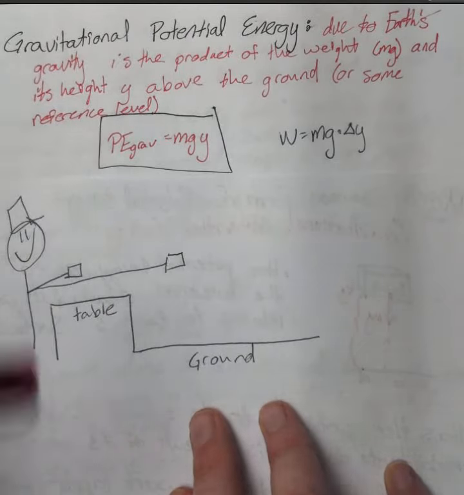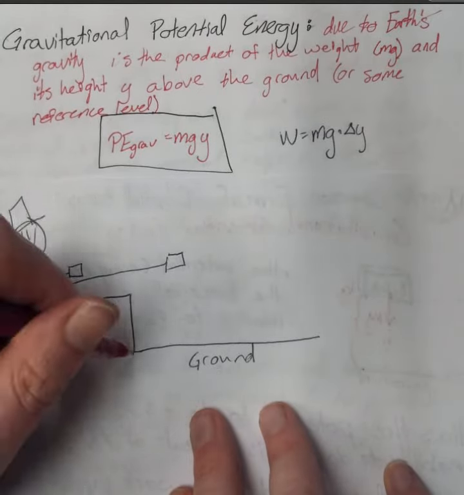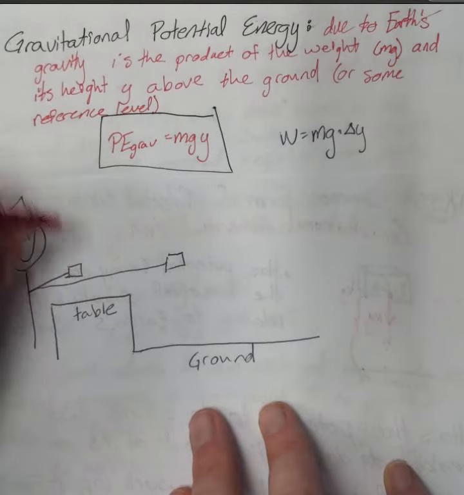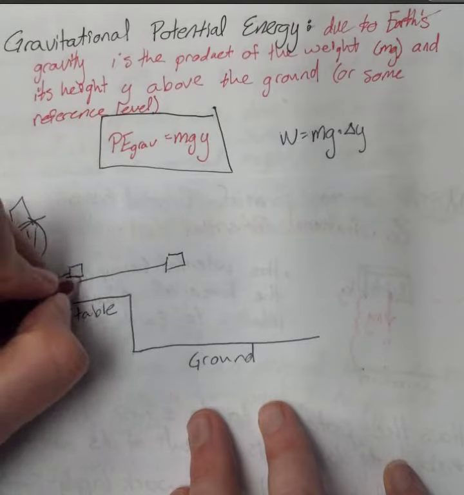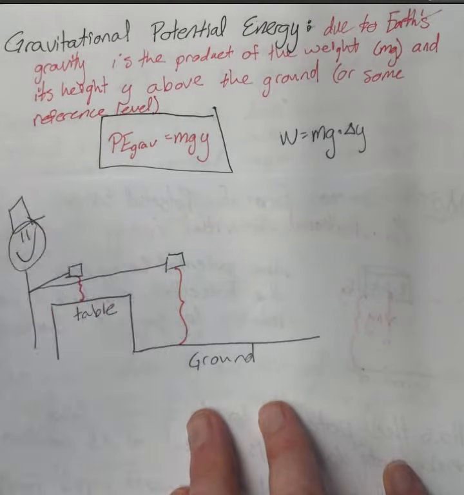One is we could quantify the amount of potential energy for each cell phone compared to the ground. Or we could say we would like to compare the potential energy of the cell phone above the table and this cell phone above the ground. In this case, we wouldn't be doing a direct comparison, it'd be a comparison to a reference level.